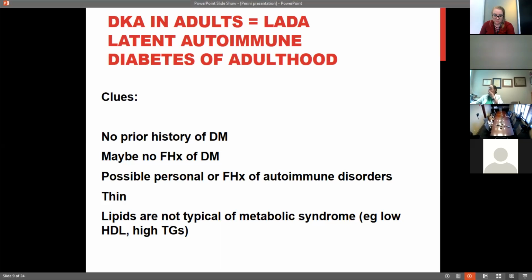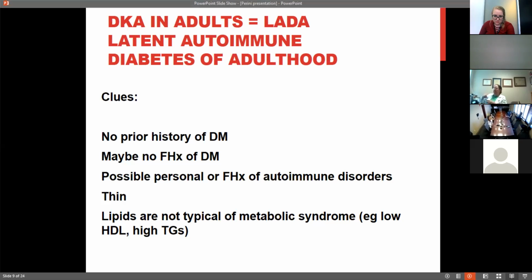So if they had Graves' disease, or in their family somebody has rheumatoid arthritis or MS, if the patient is thin, not the typical metabolic syndrome type of body habitus, they look more like a type 1 person. Also remember that type 2 with metabolic syndrome comes with a very typical lipid panel.